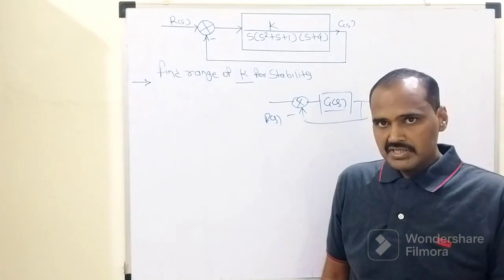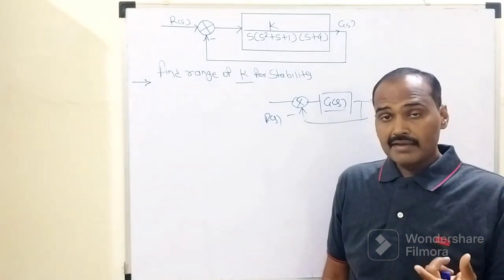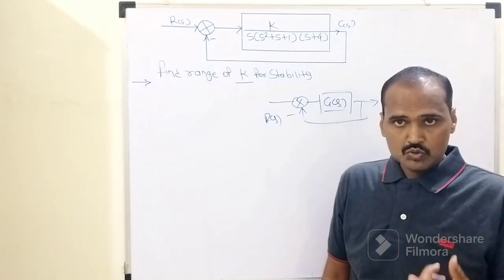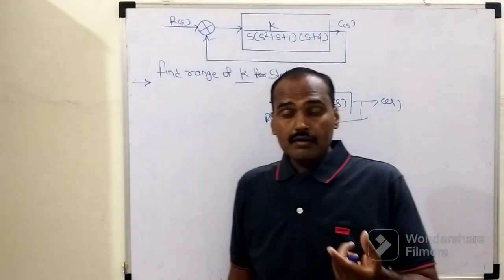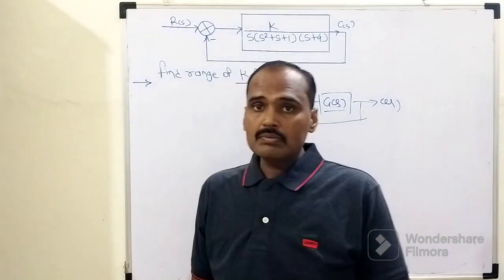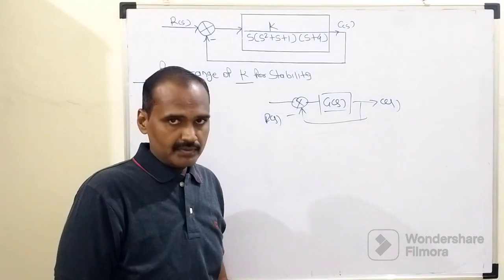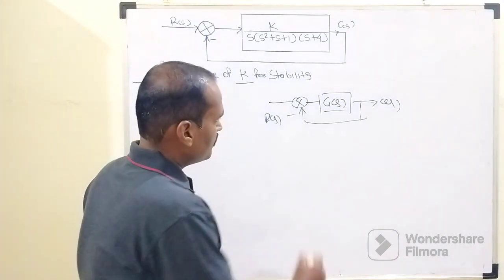The characteristic equation is obtained by equating the denominator term of the transfer function to zero. So first of all, we need to recall the closed loop transfer function for such a unity gain feedback system.